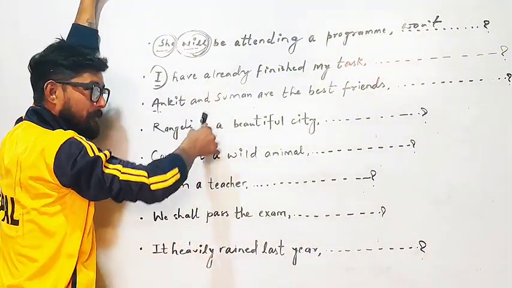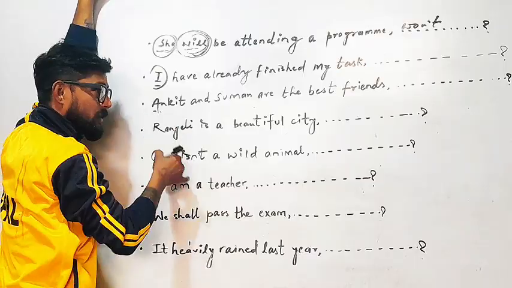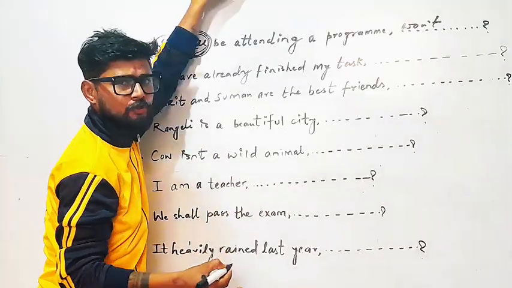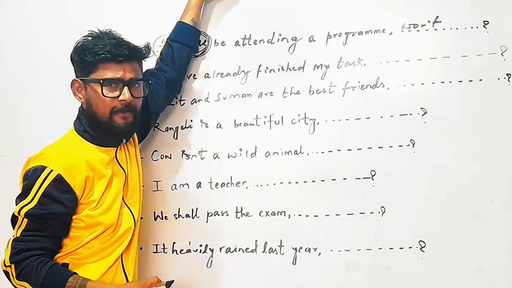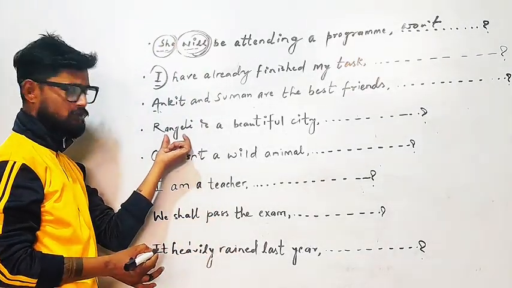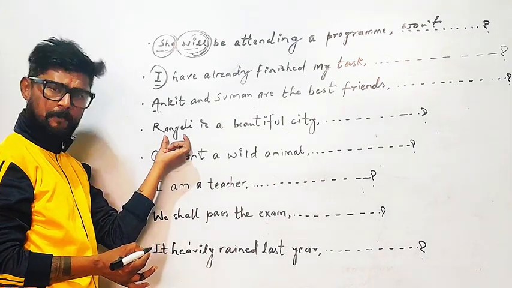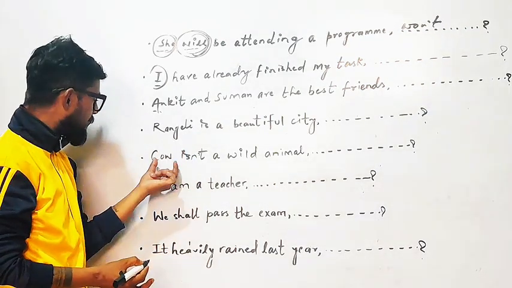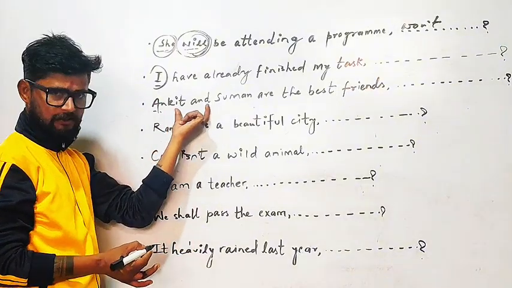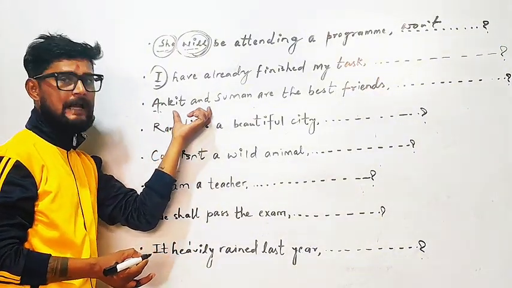Whatever we get as subjects, all those subjects must be converted into pronouns. Remember that. In this sentence, we do not have pronouns here, but we do have nouns, or not.